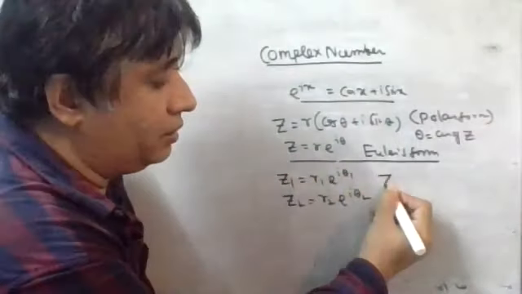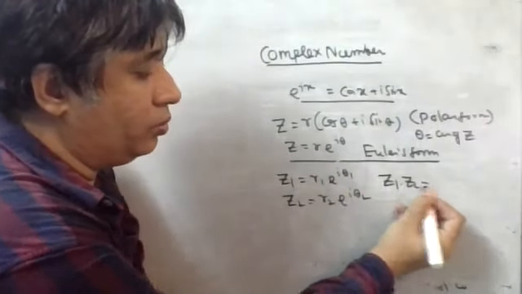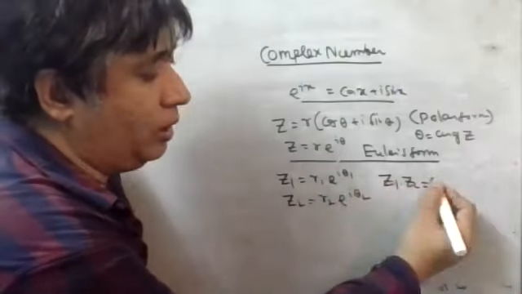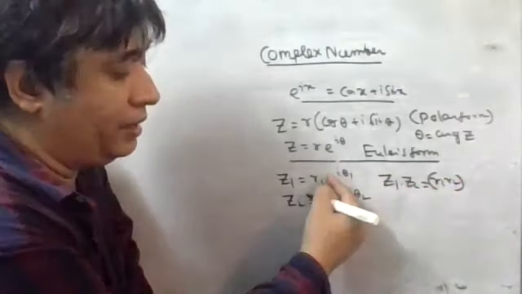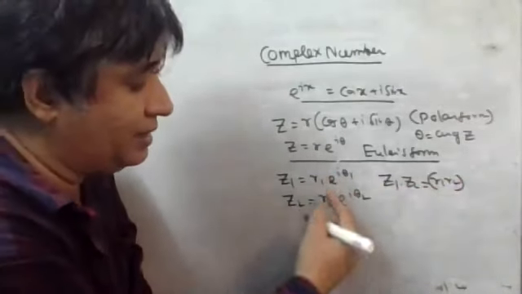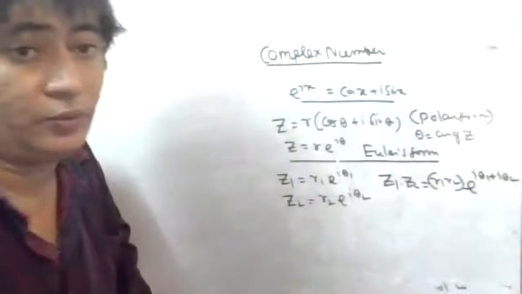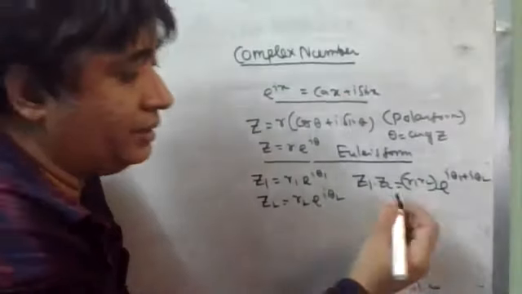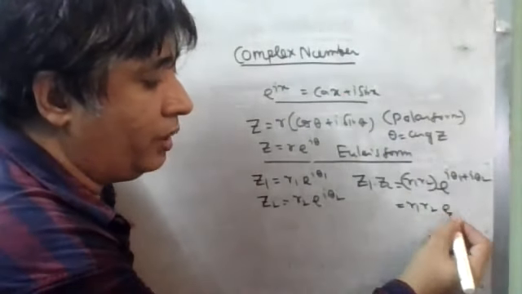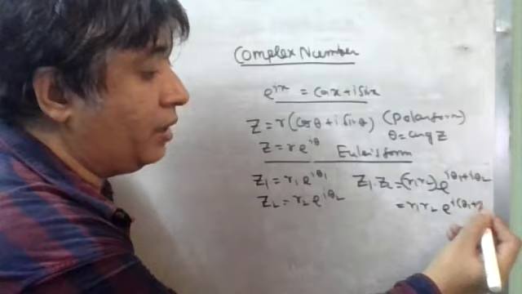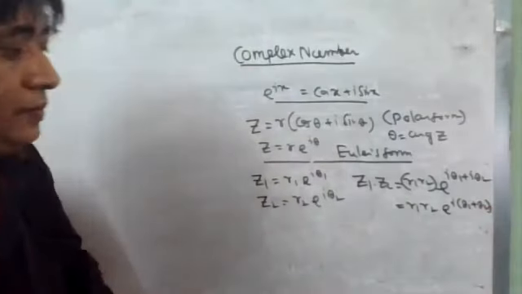Now multiply z1 into z2: r1 into r2 will be multiplied, and since the base is the same and the power is different, the exponents add: i theta 1 plus i theta 2. What result will that give? r1 r2 e to the power i times theta 1 plus theta 2.